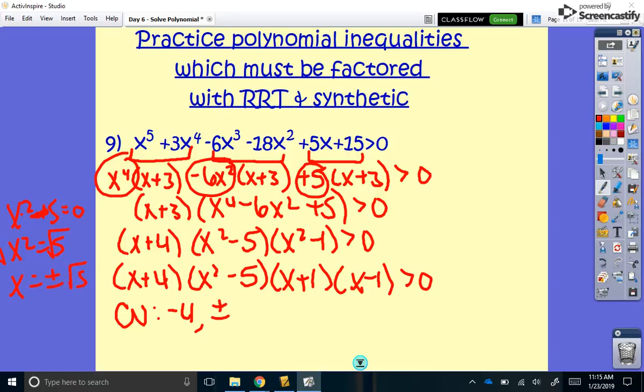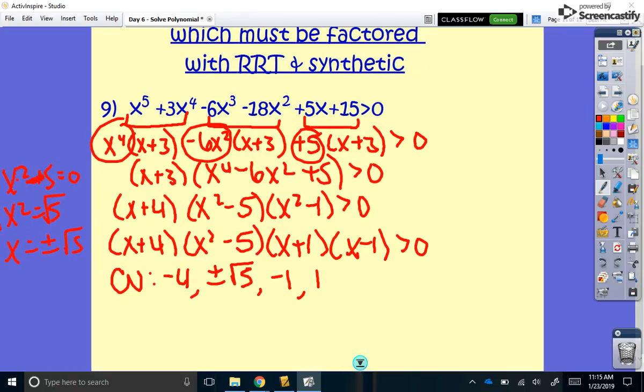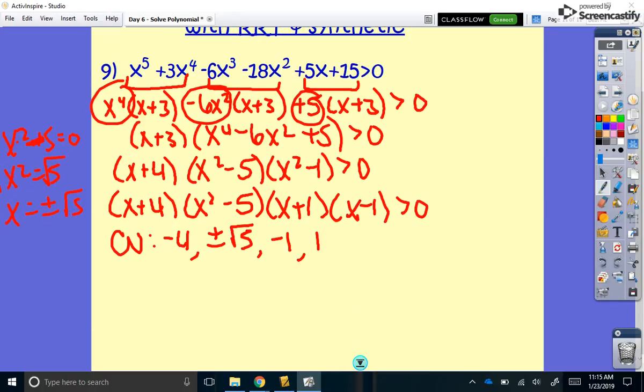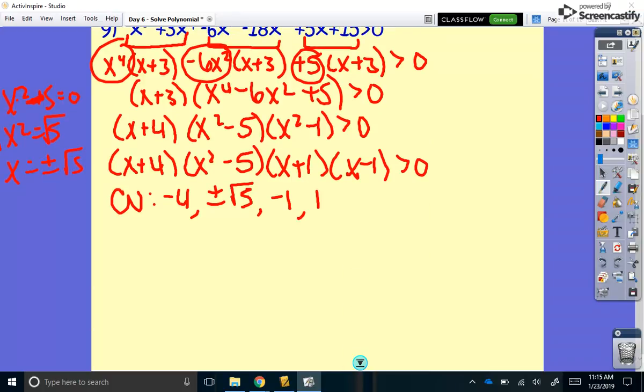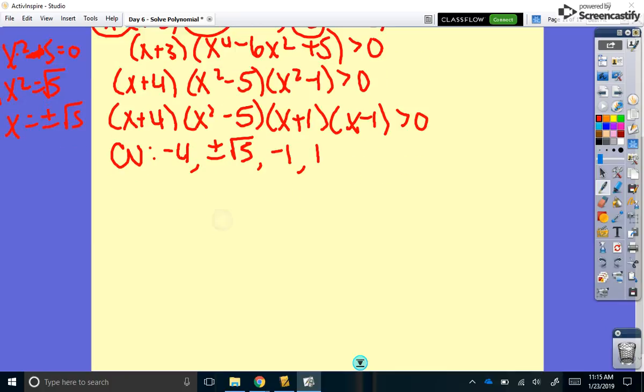So I have negative 3, plus or minus the square root of 5, negative 1, and 1. Now to put this on a sign chart, I need to know what the square root of 5 is. So put that in your calculator. You'll see that the square root of 5 is 2.236. So when I put this on the sign chart, I know that I'm actually doing plus or minus 2.236.